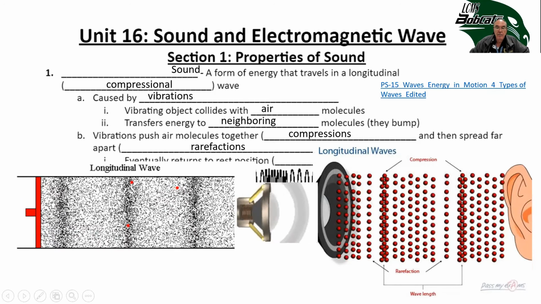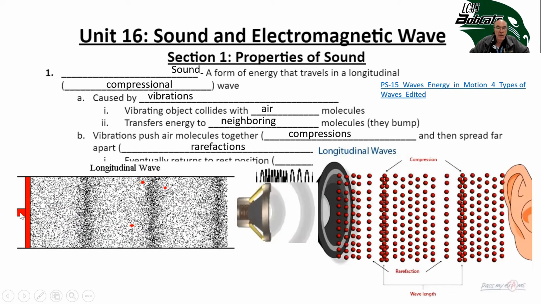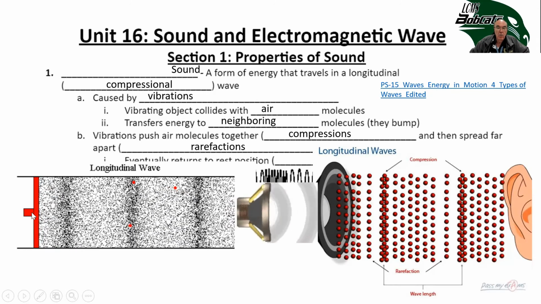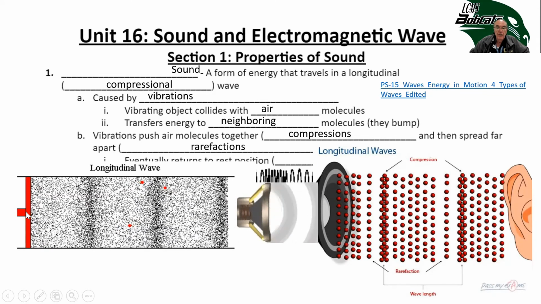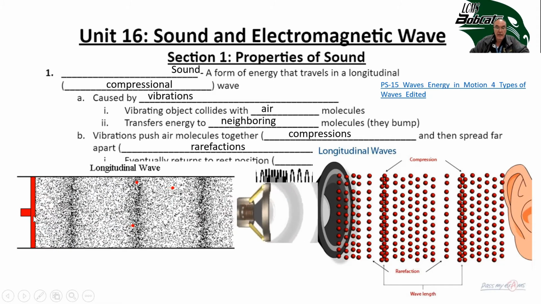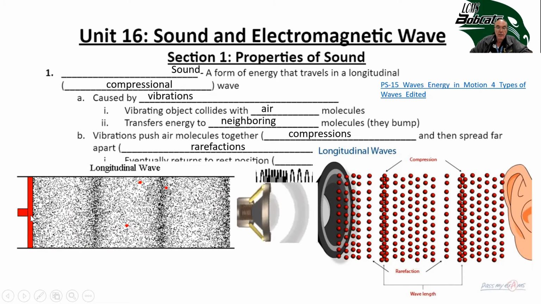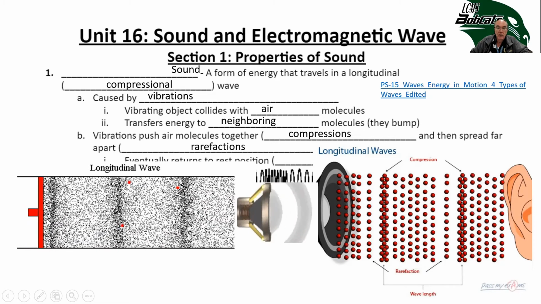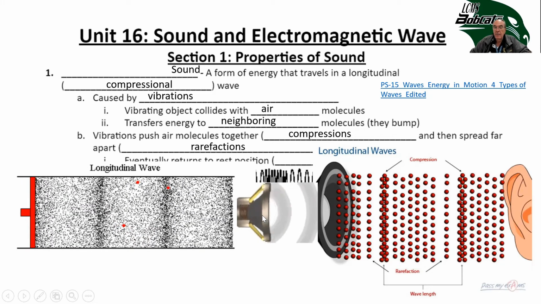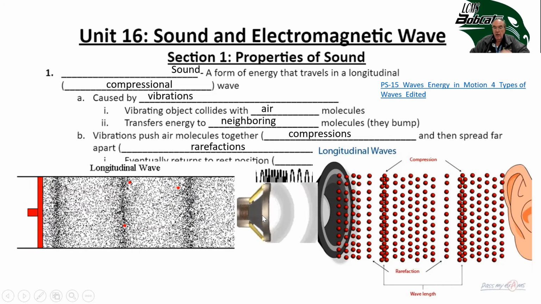Now, here I have a picture of a compressional wave. If you can imagine this red thing over here, this is like a speaker cone pushing in and out, or something vibrating like your vocal cords, or the head of a drum. When it pushes out like this, it causes the compression. And when it pulls back, it causes a rarefaction. And the same thing with a speaker.